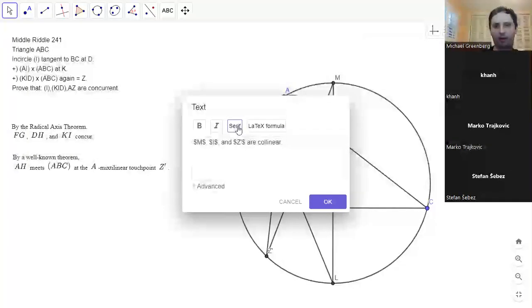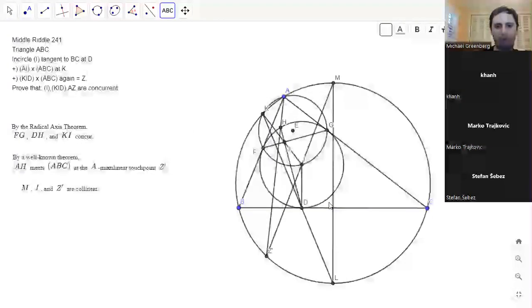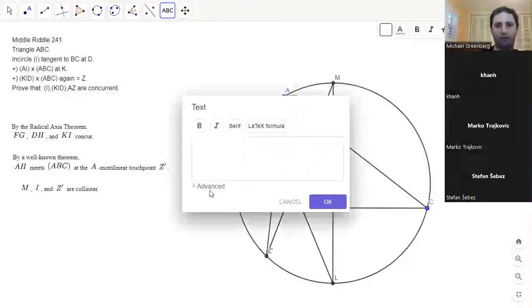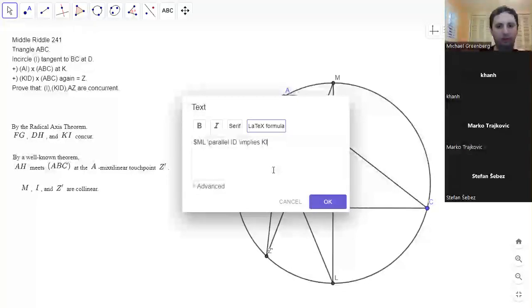And then since ML is parallel to ID, that implies KIDZ prime is cyclic. And then Z prime equals Z.